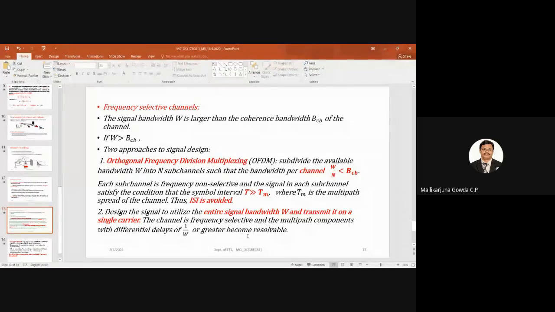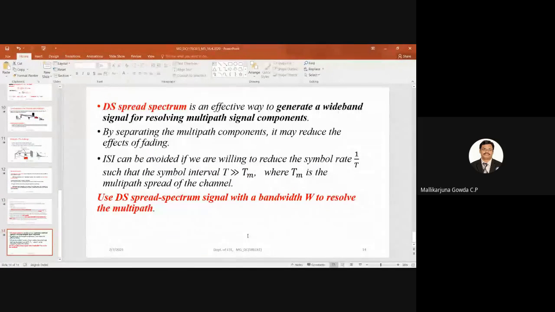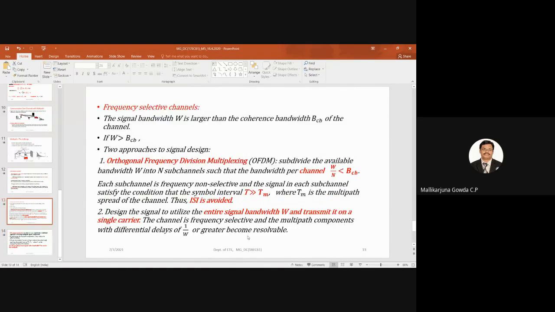As I said, the first approach is OFDM. The second approach is to design a signal which utilizes the entire signal bandwidth and transmit it on a single carrier. That makes multipath components with differential delays resolvable, so it is possible to resolve that problem.